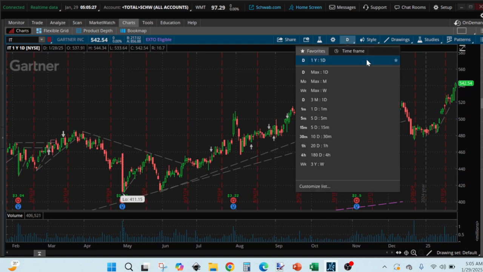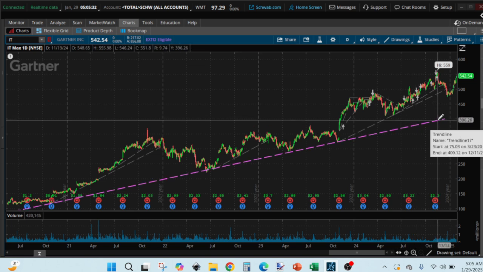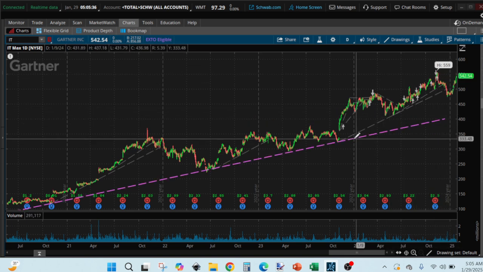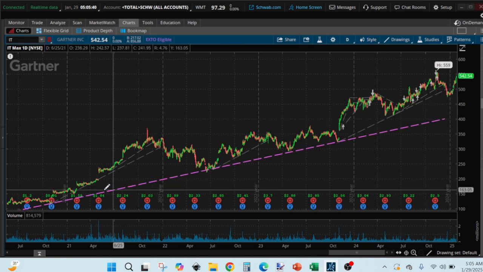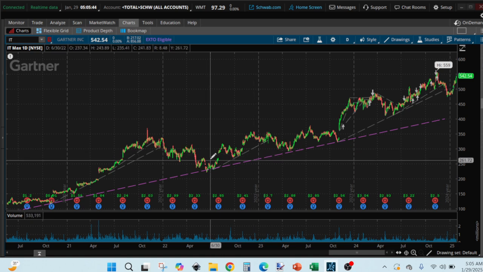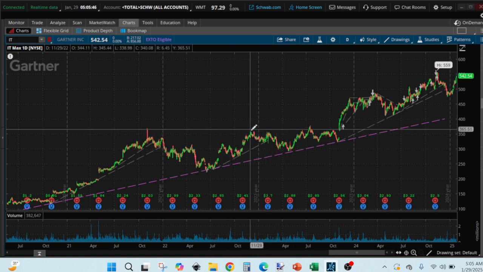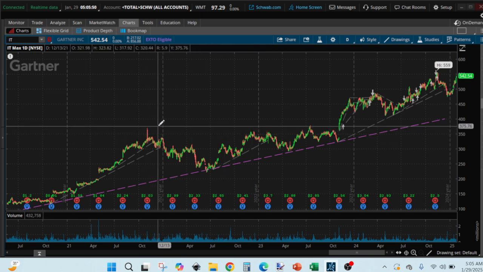If we go to maximum daily chart, this is the trend line we like to buy at next time after we sold it. And we thought it's coming to it because it does make a wide mountain. At least it made it here, and here not quite. But this area, this high is not as high as this one.